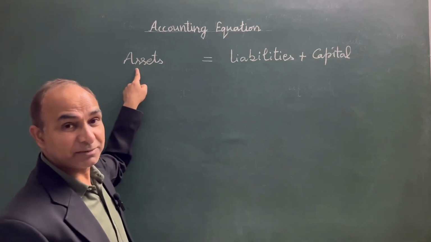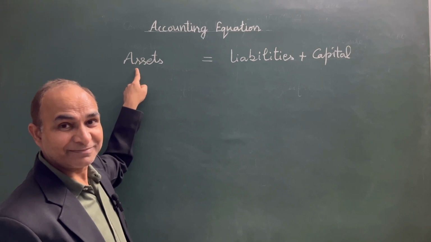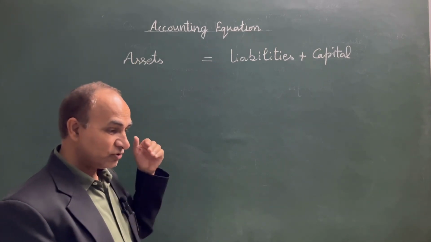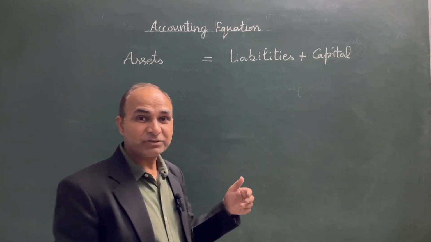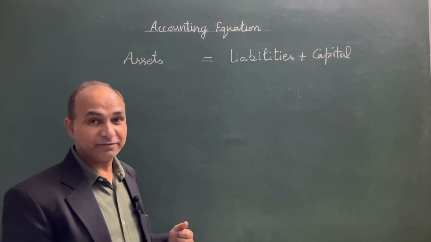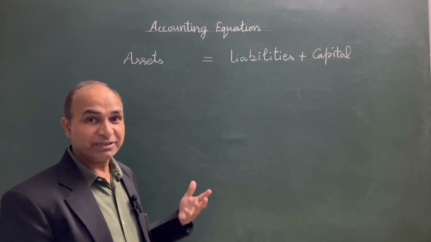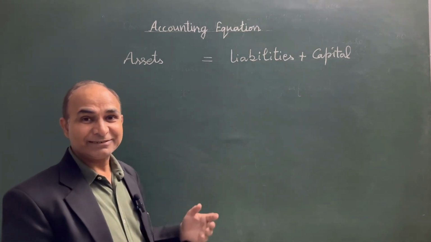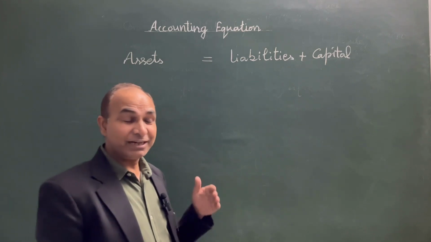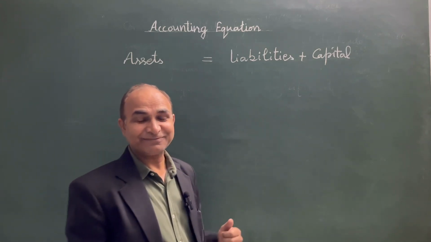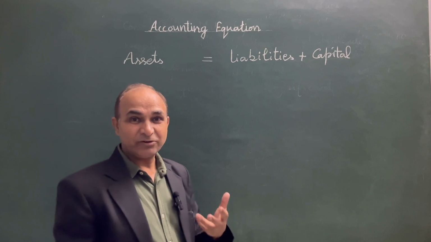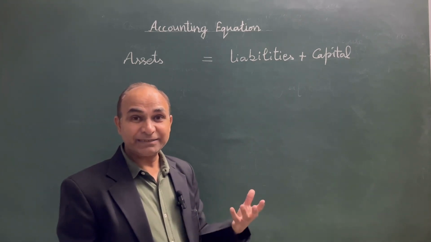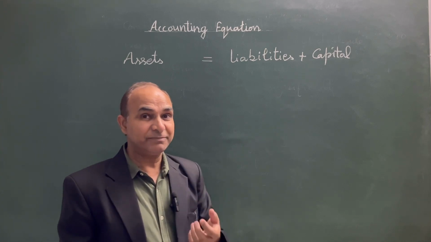Assets means what? The property of the business. Anything which is in the possession of the business, which contributes benefits to that organization for a long period of time, like the machinery, the land and building, the vehicles, the investment. What are liabilities? These are the obligations, any amount payable to the outsiders. For example, in order to run the business, in order to expand the business, you have raised a loan from the bank.